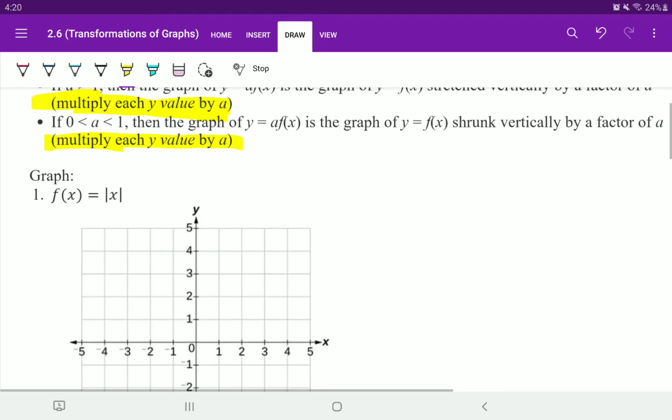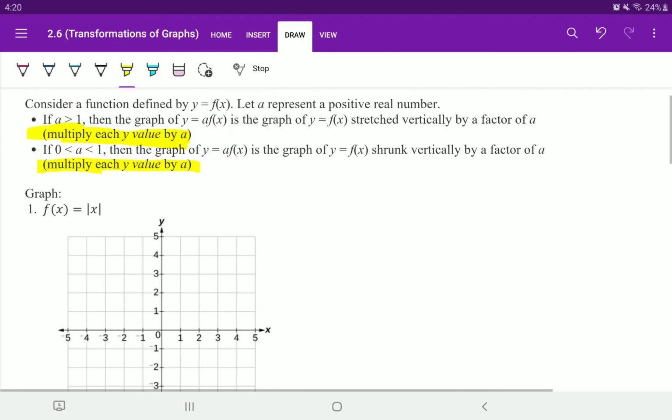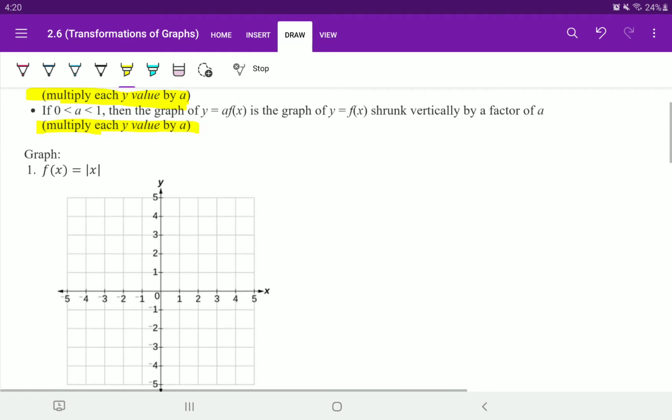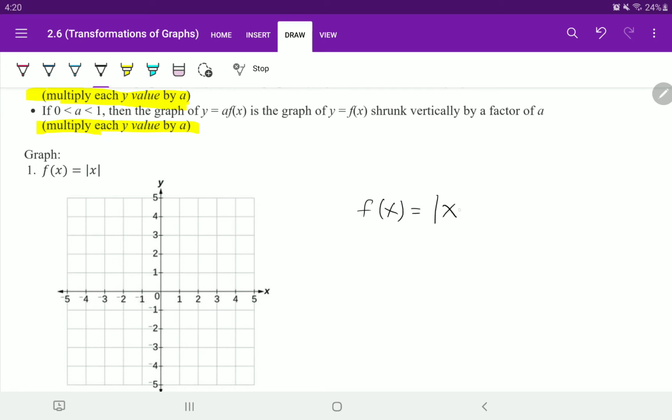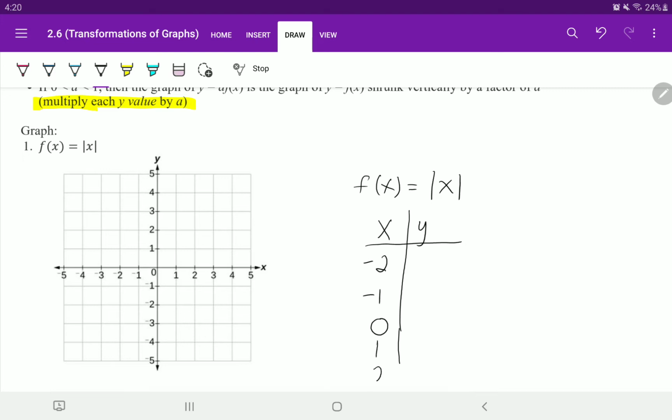So the first thing we're going to do is graph the function f of x equals the absolute value of x. If you go back to your parent functions, f of x equals the absolute value of x gives a table of x and y: -2, -1, 0, 1, and 2.